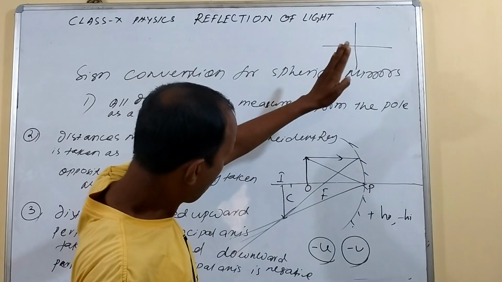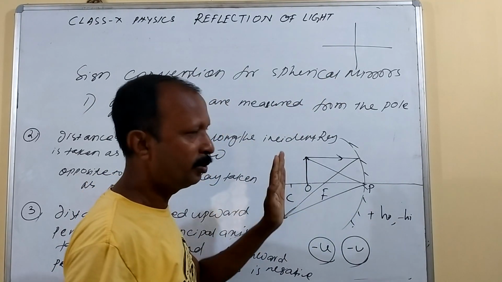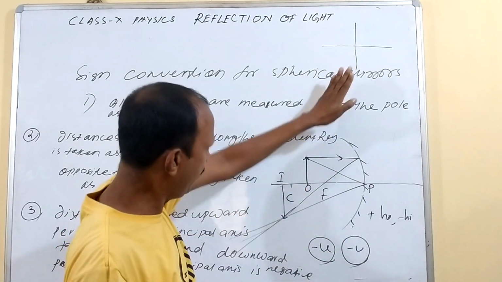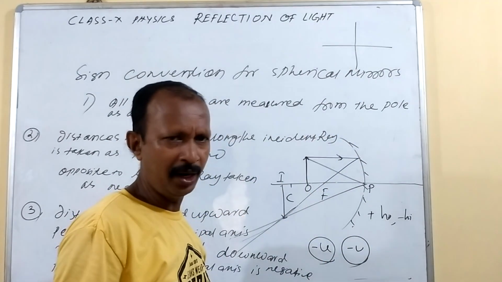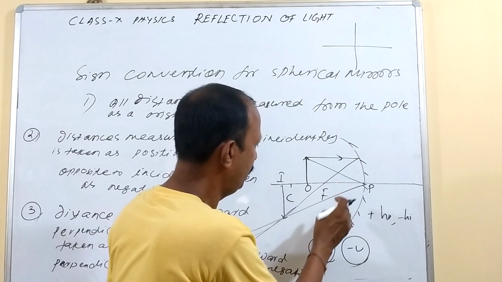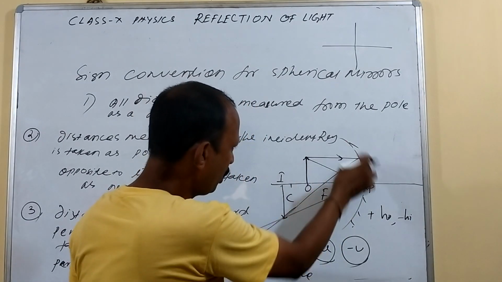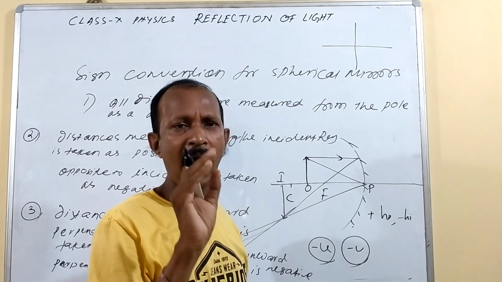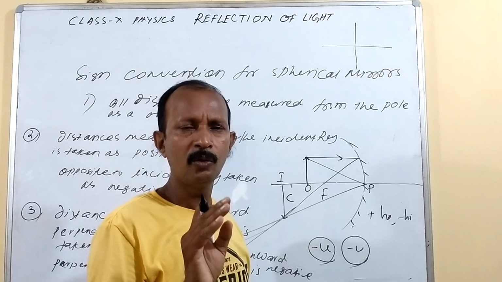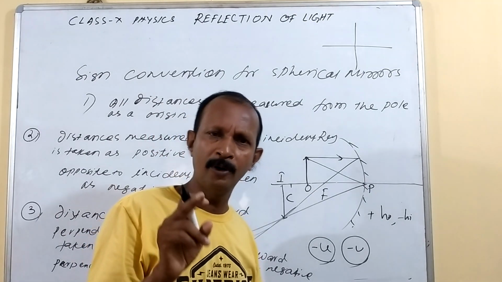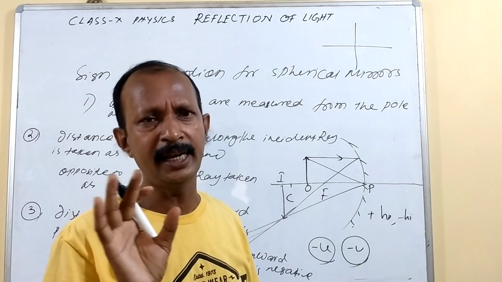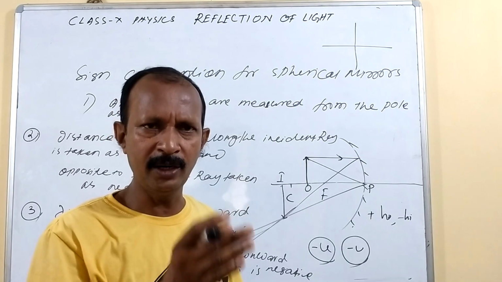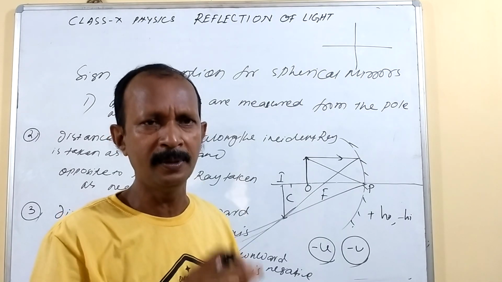But according to this rule, all the time we should place the object on the left side. Then directly we can apply. Otherwise, if you want to keep the object on the other side of the mirror, you can reverse it, no matter. Simple rule is that along the incident ray, we should take positive. Opposite to incident ray, we should take negative. Upwards, perpendicular to principal axis, positive.